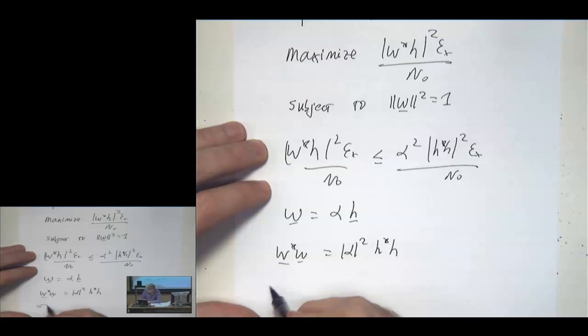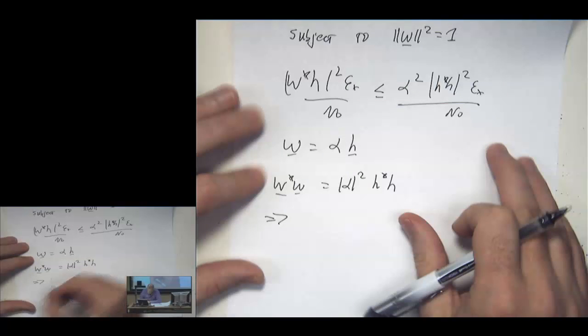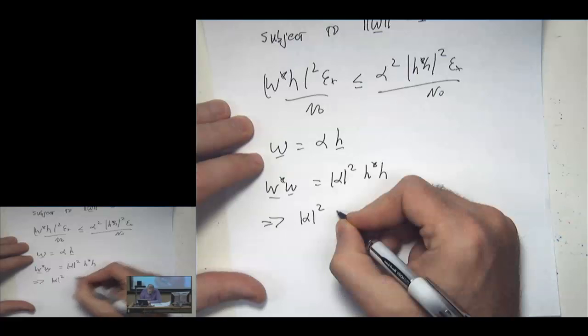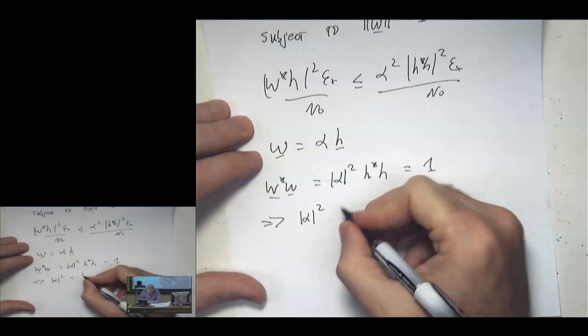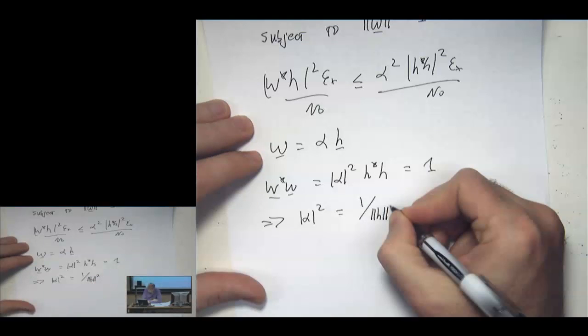So therefore the magnitude of alpha squared should be equal to 1. So that alpha squared should be 1 over essentially the magnitude of this vector squared.